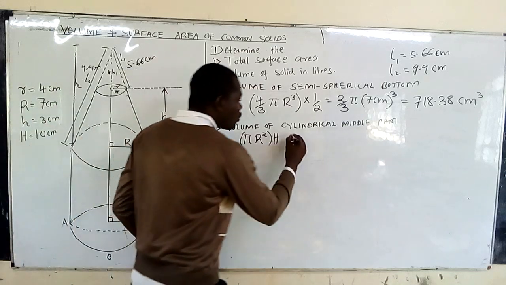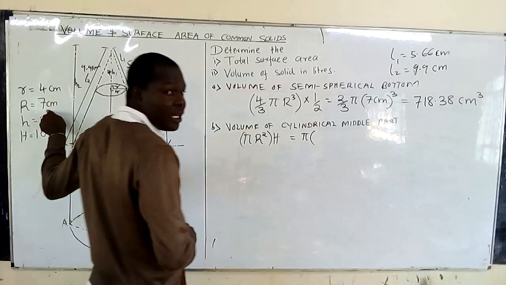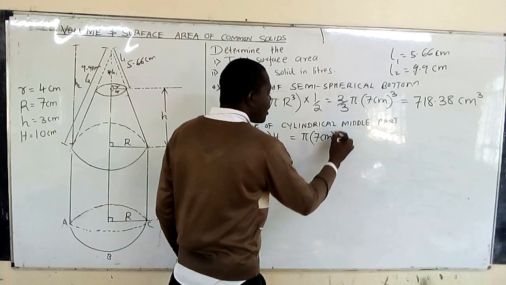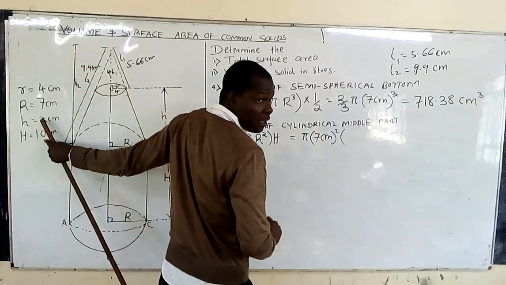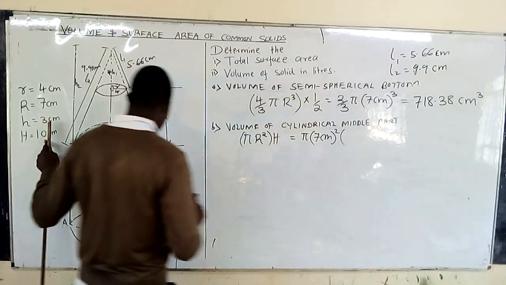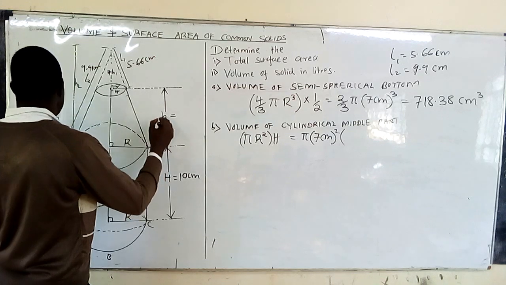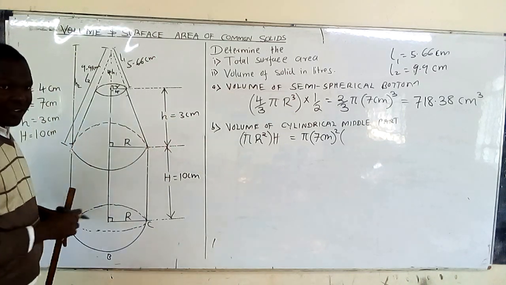So if you substitute, what do we have? Pi, then R, the big R you are told is 7 centimeters, isn't it? So pi, 7 centimeters square times big H, you are told to take to be 10 centimeters. This one you are told to take to be 7 centimeters, small h, you are told to take to be 3 centimeters. In that order, we know everything, isn't it?